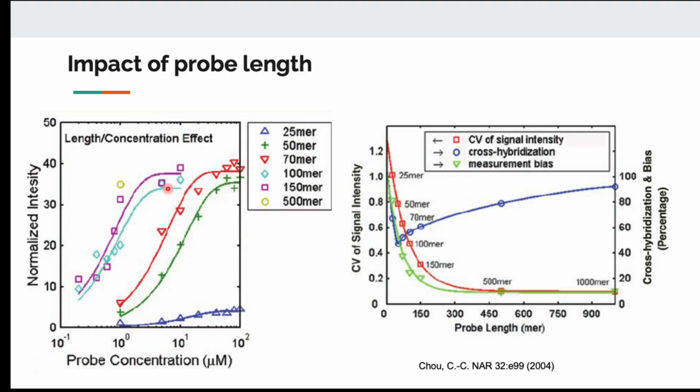So this is one limitation of microarray. You are not going to get a quantitative measurement for a certain range of gene expression. But otherwise, you're going to get an okay approximation of the gene expression.